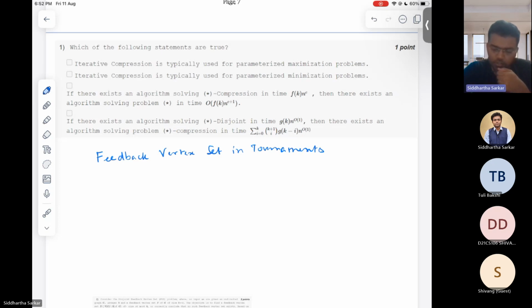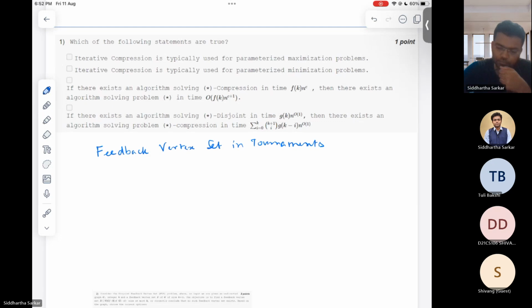So of course, this is true, and the first statement is false, right? We're not using it for maximization problems, are we? No. So typically we are using this technique for parameterized minimization problems. So what is the next question?